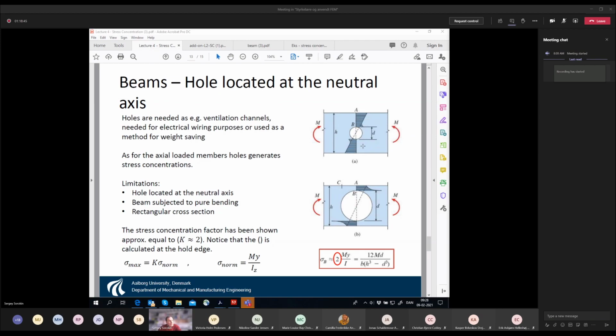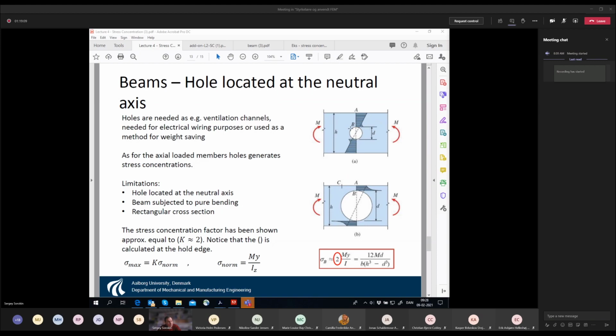Now if we introduce this hole, then you have an increase in the stresses at this point and at this point due to the stress concentration. So stress concentration is also visible in bending. And then there may be two scenarios.